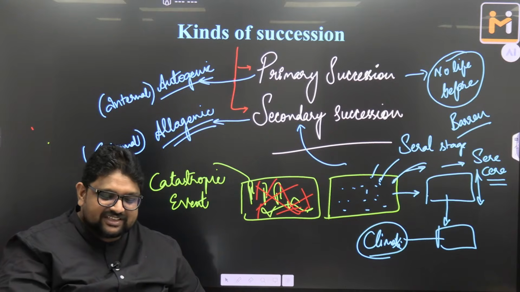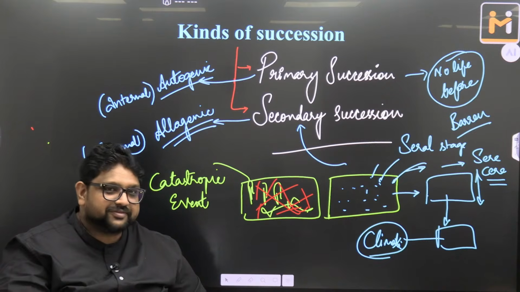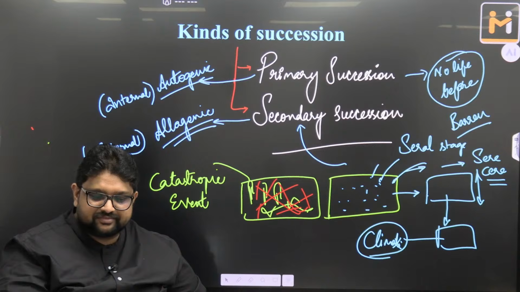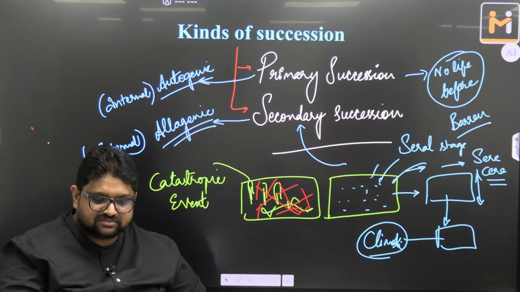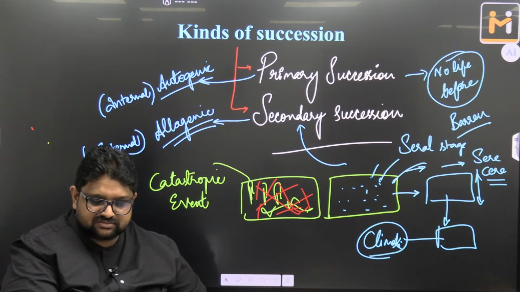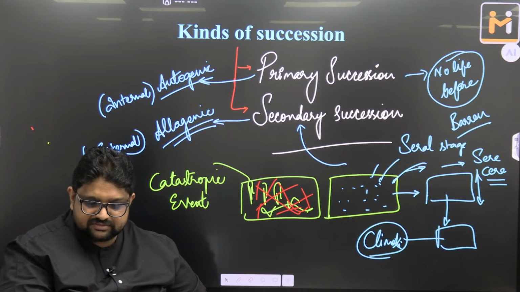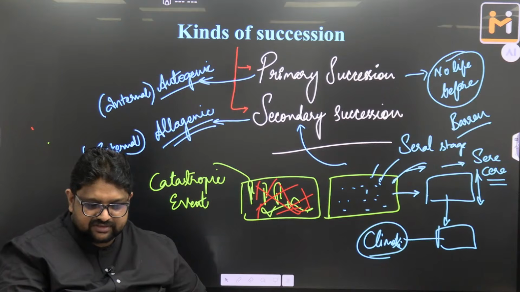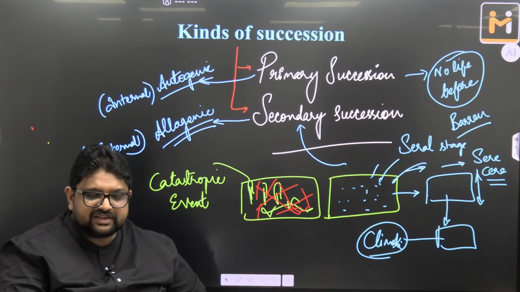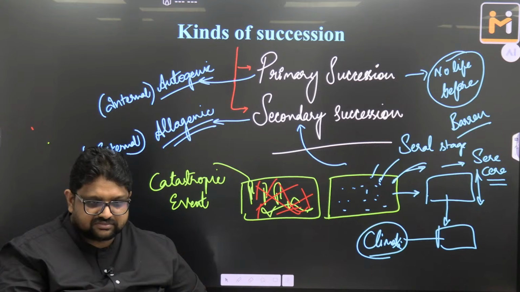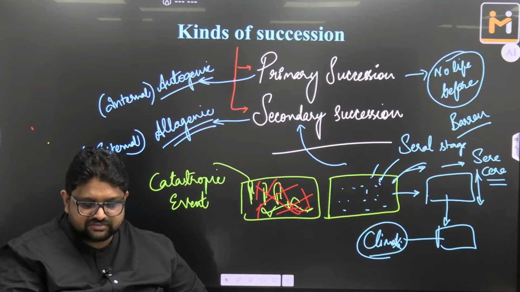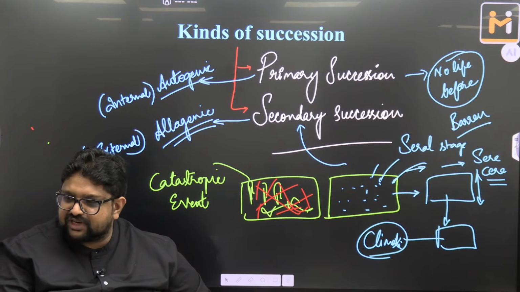Okay, okay, secondary succession. It is a succession which takes place on a site after the destruction of the original vegetation.